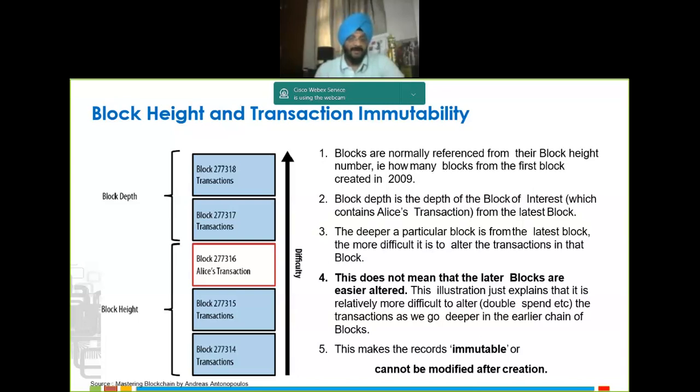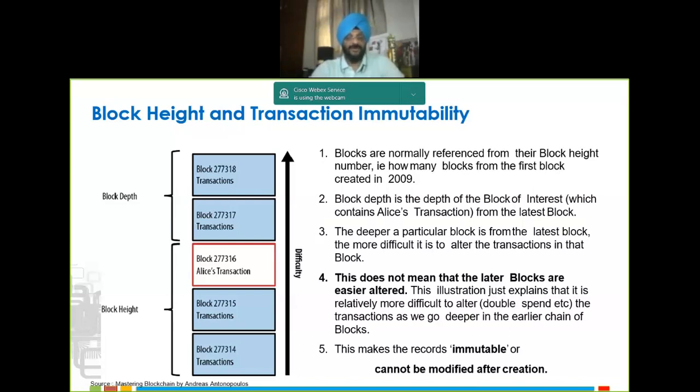As we go from the lower to the higher, the degree of difficulty of mining those blocks is getting higher. The deeper a particular block is from the latest block, the more difficult it is to alter the transactions.